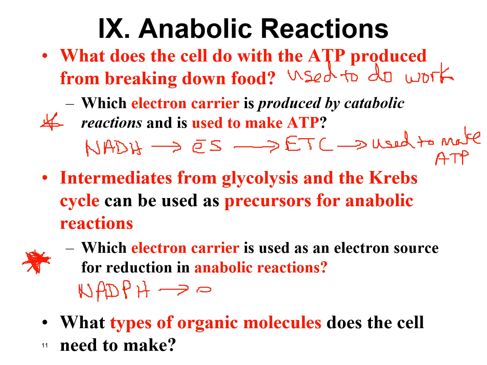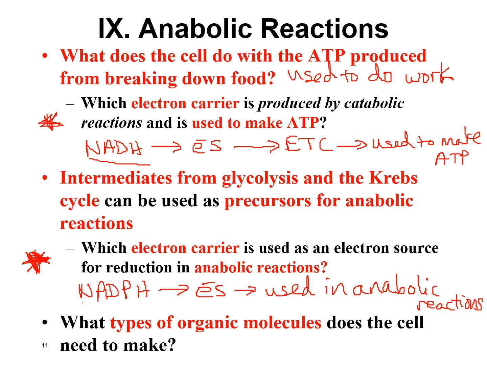So these electrons, instead of being taken to the electron transport chain, are going to be used in anabolic reactions. So I would definitely remember what NADH is used for and NADPH.